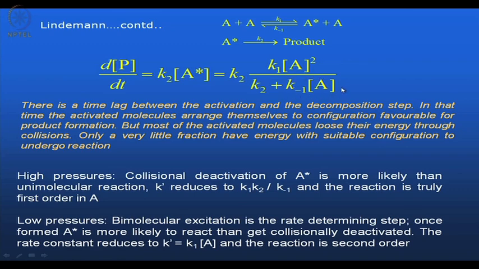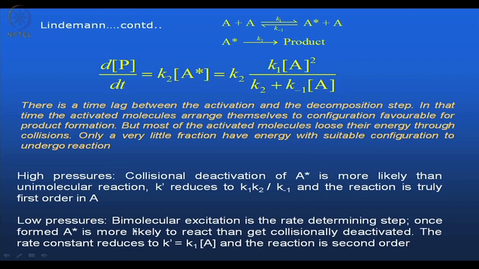As I told you, this step is less likely compared to this step when pressure is high. That means you can neglect this term, and this gives rise to a constant of this form, K1 K2 divided by K minus 1. What happens at low pressure?